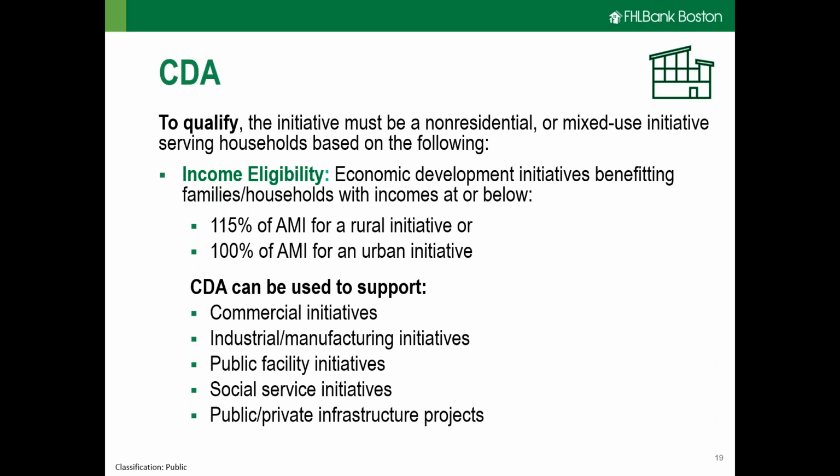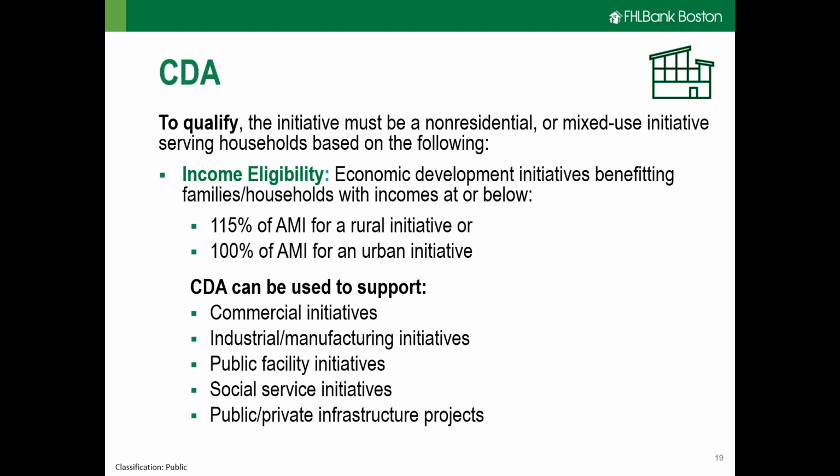For CDA, the way you qualify, as I said, it does only support non-residential or mixed-use activity. And to the extent of where that business is located, it will receive an internal urban or rural designation. Once that designation is established, we determine whether the benefiting families or census tract is either at or below 150% if it's in a rural area, or at or below 100% of the area median income if it's in an urban area.